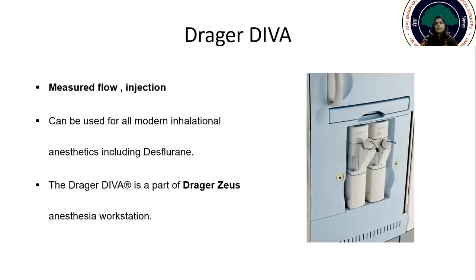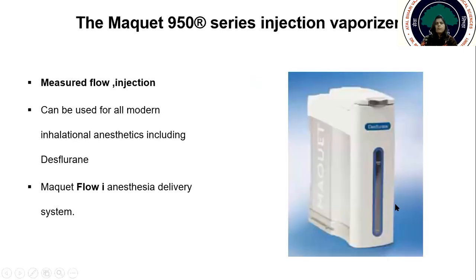Now coming to the Draeger Vapor Diva type of vaporizer. These are measured flow vaporizers and the method of vaporization is injection type. It can be used for all modern inhalational agents including desflurane. The Draeger Diva is a part of the Draeger anesthesia workstation. Now coming to the Maquet 950 series injection vaporizer.